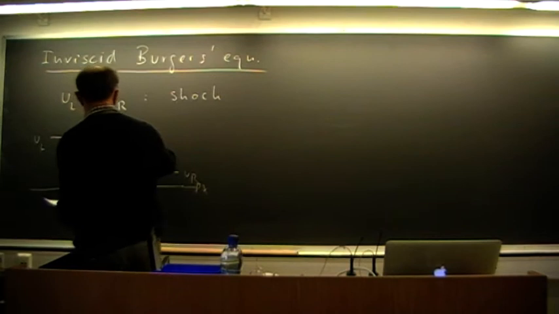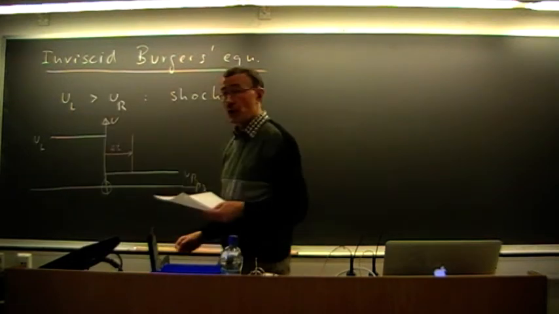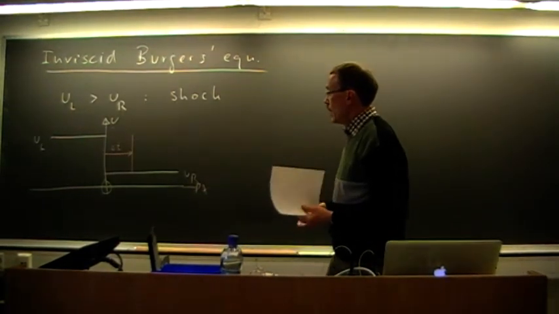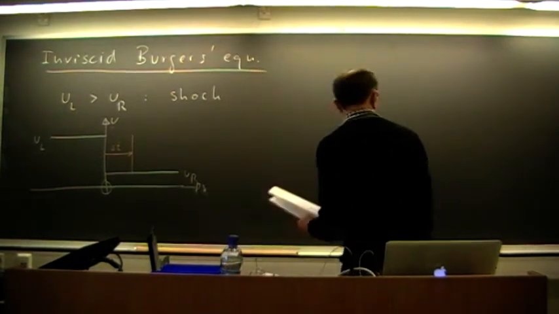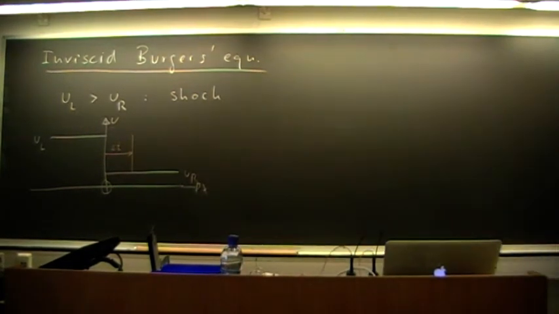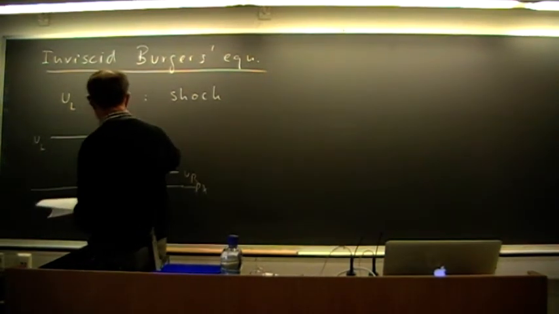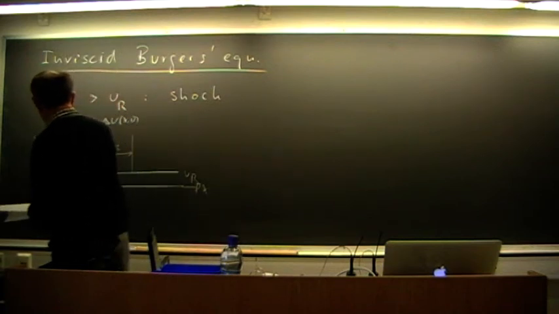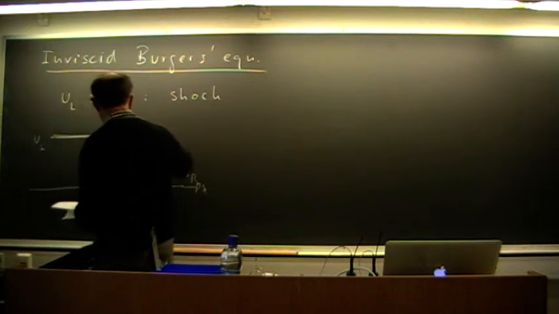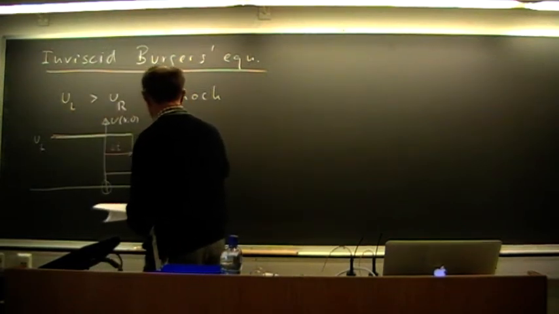After some time t, this discontinuity will have moved with a shock speed s. So that's what we have here: that is the initial condition, and after time t we will have this shock solution. That will be the solution at the time t.